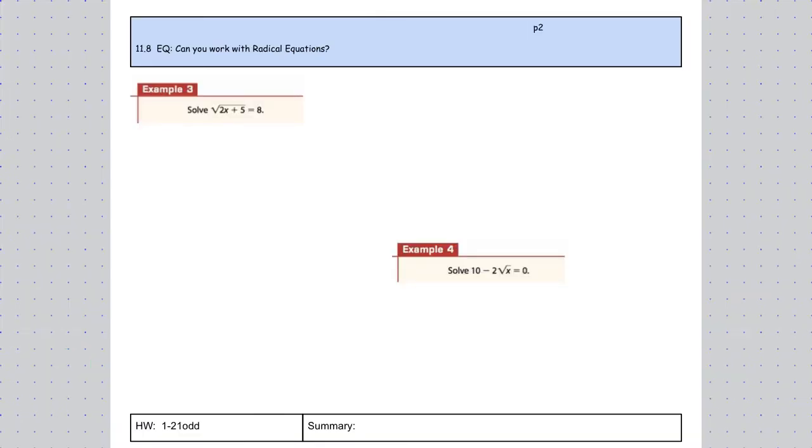So looking at this next set of problems, we're again going to work with these radicals. In example number 3, oh, yay, it's already isolated for us. So I'm going to square both sides. That becomes 2x plus 5 is equal to 64. Subtract 5 from both sides.